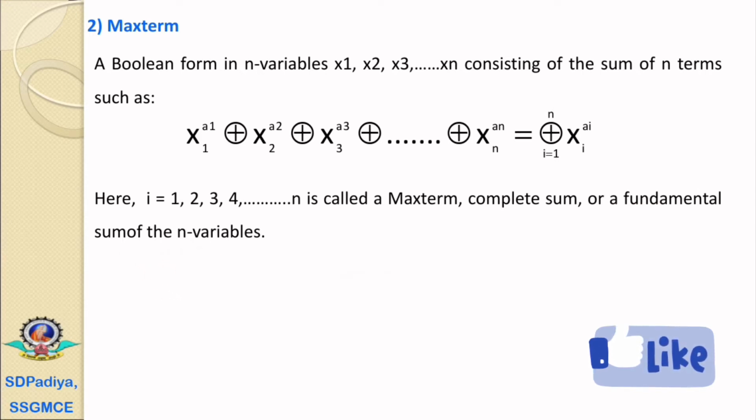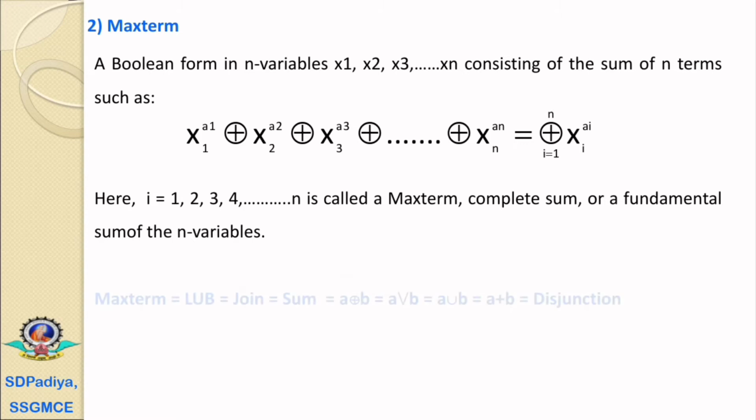Any elementary product is called a min term and an elementary sum term is called a max term. Now again, the max term is equivalent to the least upper bound in the lattice, that is the join operation in a lattice. In Boolean algebra, it is equivalent to the sum and the disjunction.